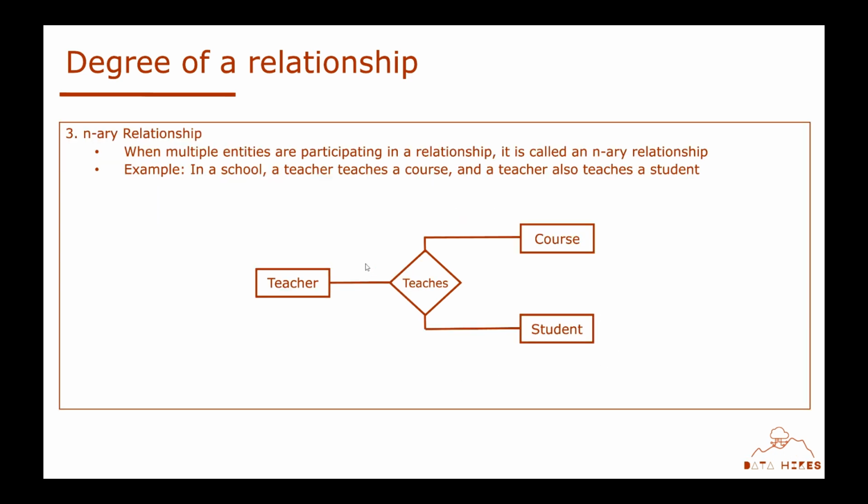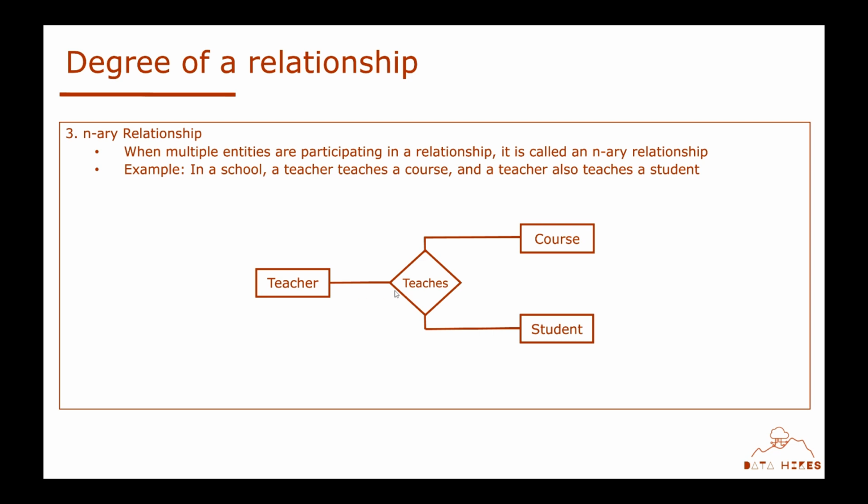The third type is an n-ary relationship. When multiple entities are participating in the relationship, it is called an n-ary relationship. For example, in a school, a teacher teaches a course and a teacher also teaches a student. So there are three entities here: teacher, course, and student, and they're all related using one relationship called teaches.